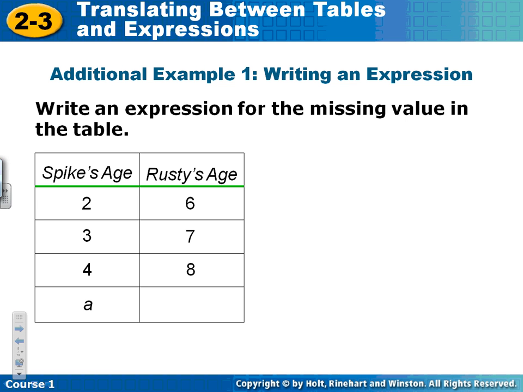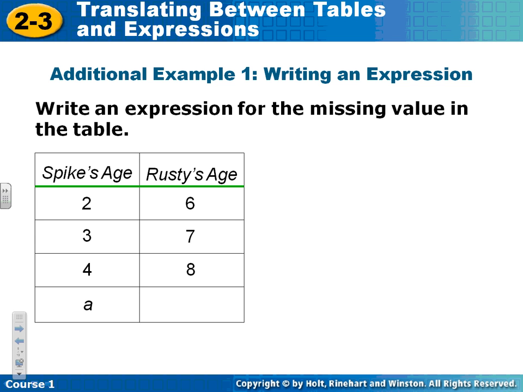A lot of you in this spot want to put the number 9, 6, 7, 8. A lot of you want to do that. But don't. Because what we're doing here is a comparison between Spike's age and Rusty's age.